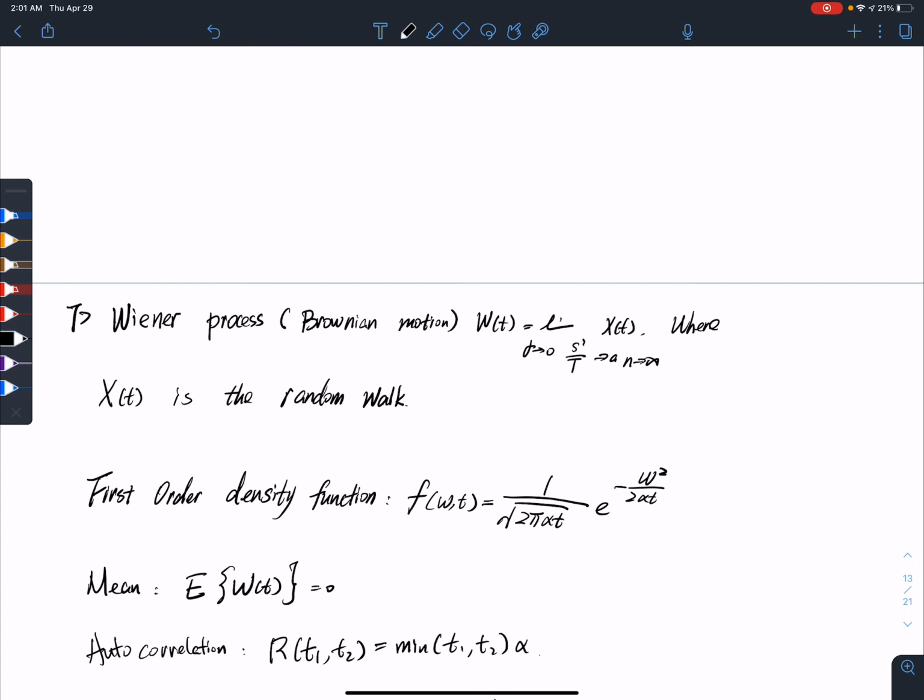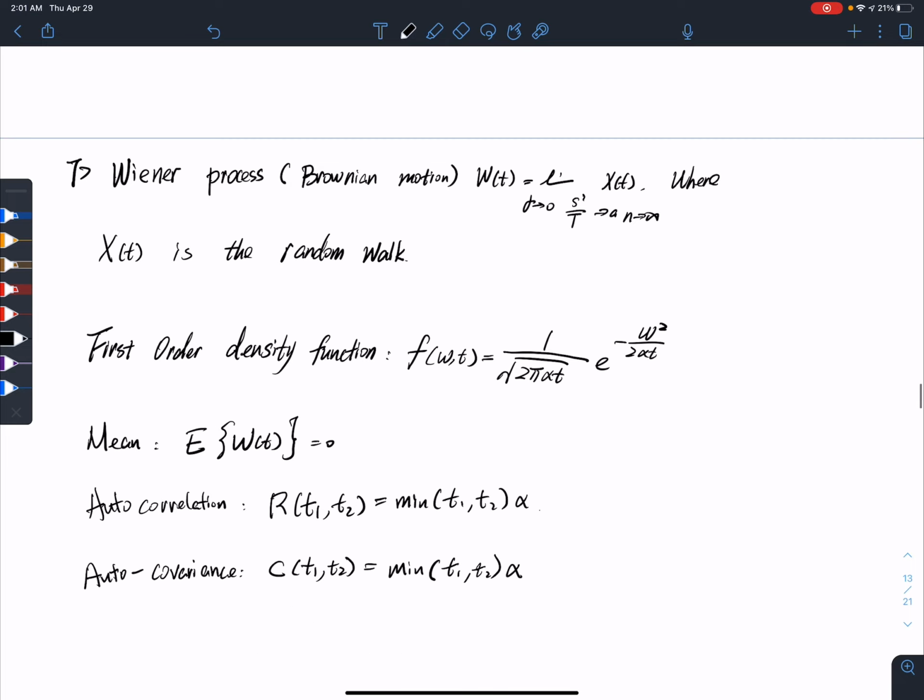Question 7, Wiener process. W(t) is equal to the limit, as T approaches 0, s squared over T approaches alpha, and n approaches infinity, of x(t), where x(t) is a random walk.